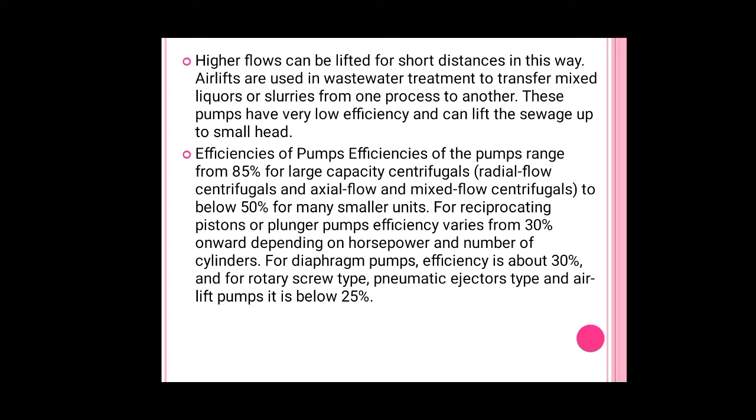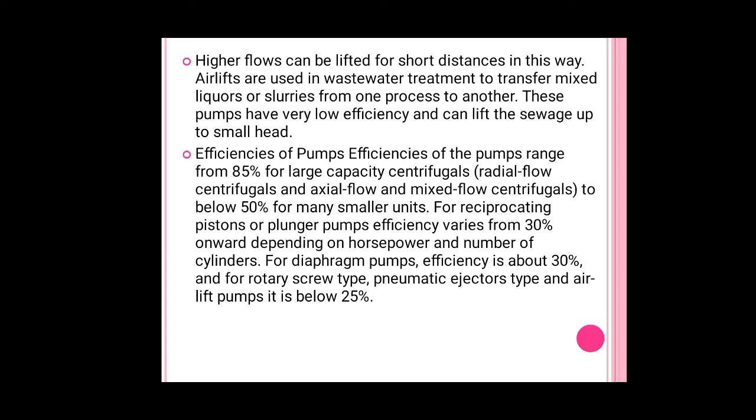In this process, a higher flow can be lifted for a short distance. The airlifts are used in wastewater treatment to transfer the mixed liquors or the slurry from one process to another process. These pumps have very low efficiency and can lift the sewage only up to small heads.